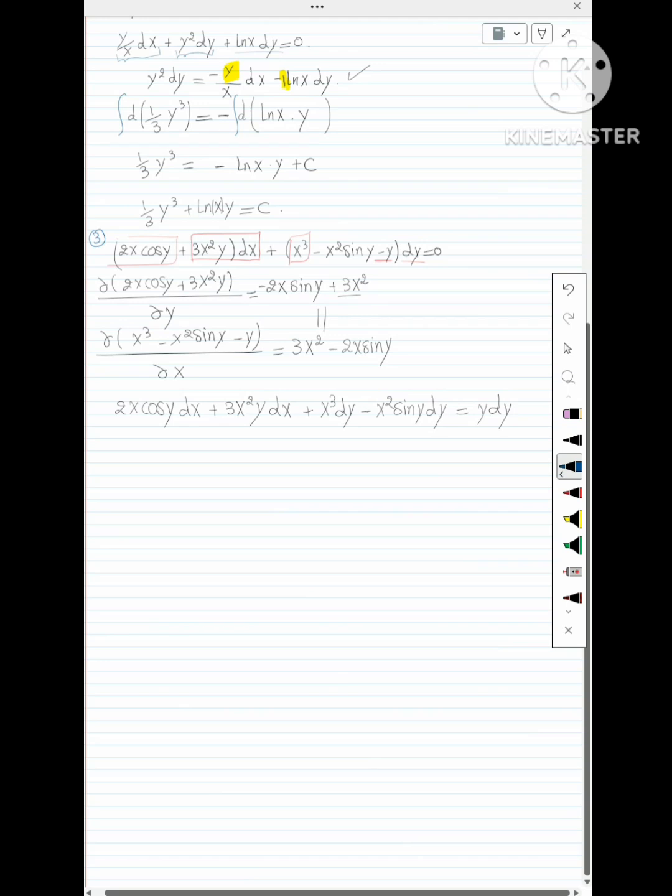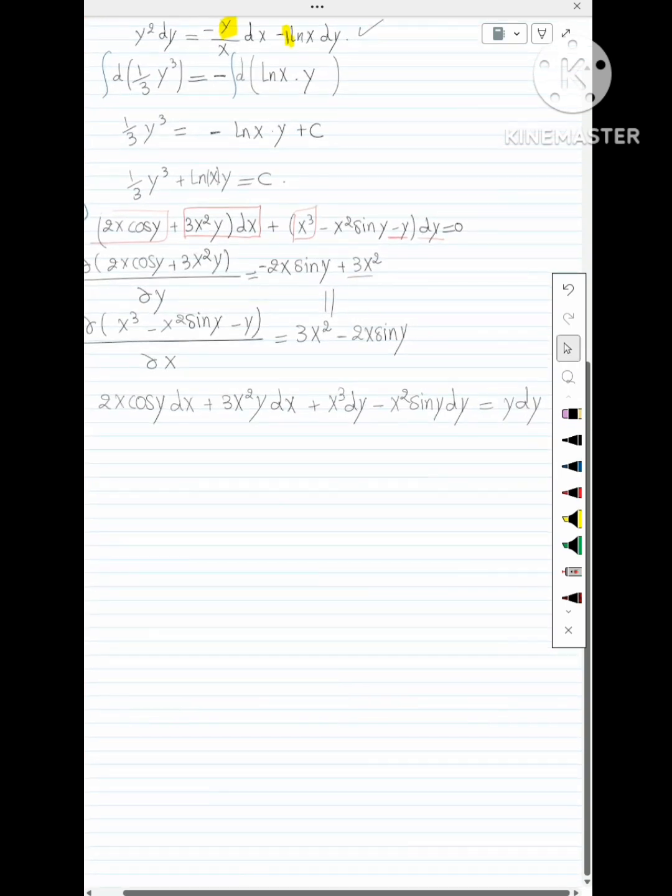What should we do right here? We have x cubed, with its derivative being x squared, so we need to link between these two. And as you can see right here, we have cosine y and we have sine y, so one of them is the derivative of the other. The derivative of sine y is going to be cosine y, or since we have the minus, cosine is going to be the derivative of sine.